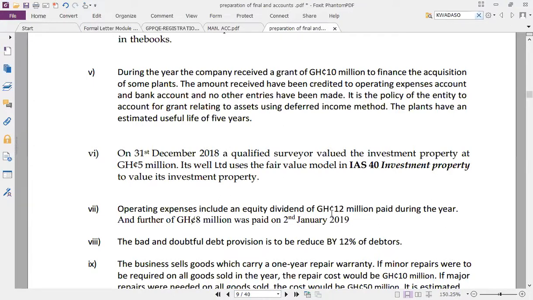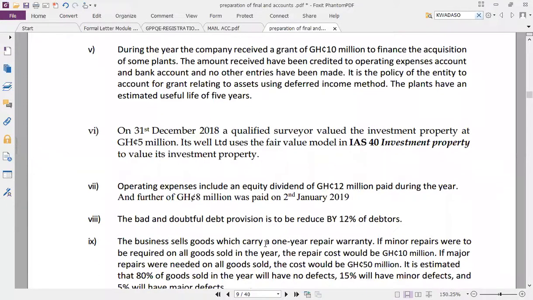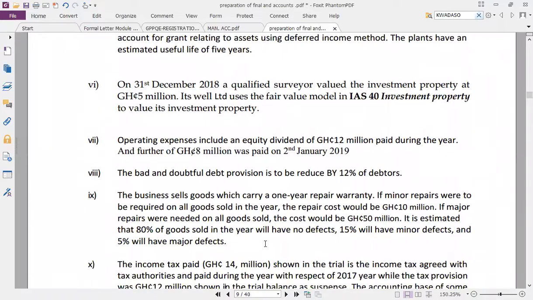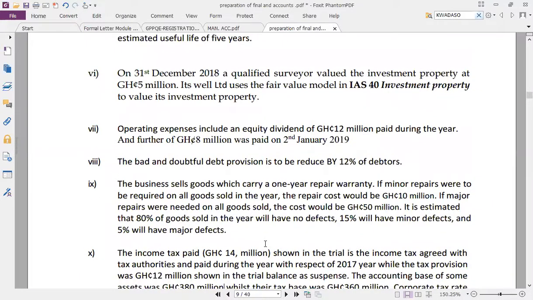Now the second part of the paragraph says that a further 8 million was paid on 2nd January 2019. So if you declared or paid dividend after the year end, that is an event after the reporting period, because we are reporting as at 31st December 2018.